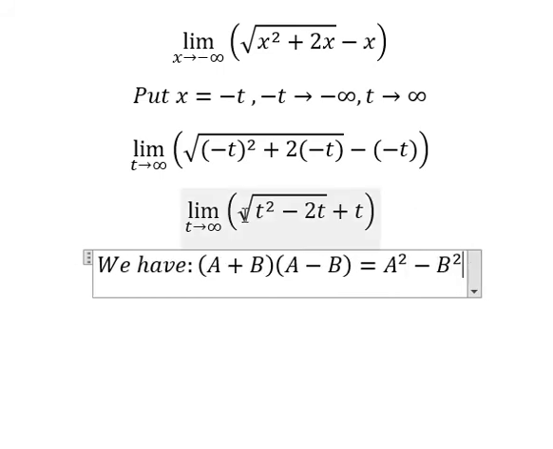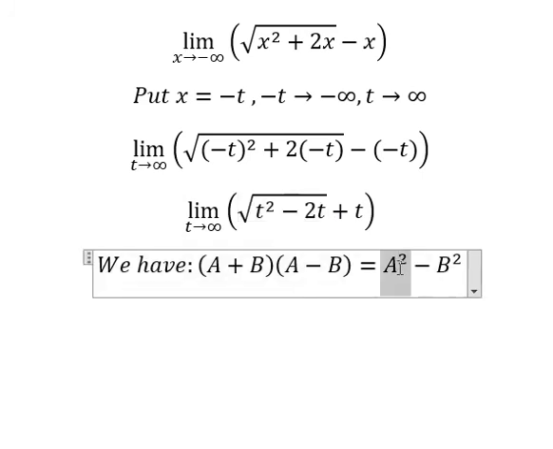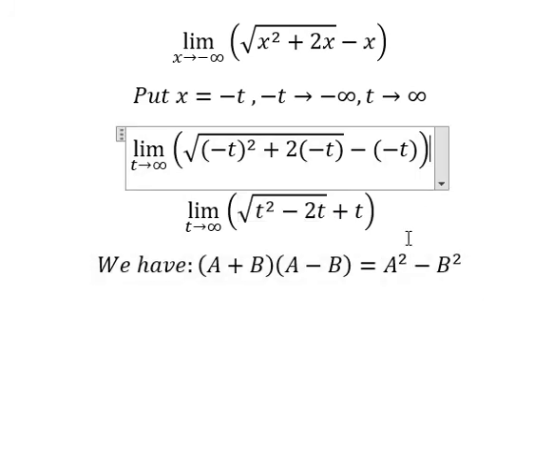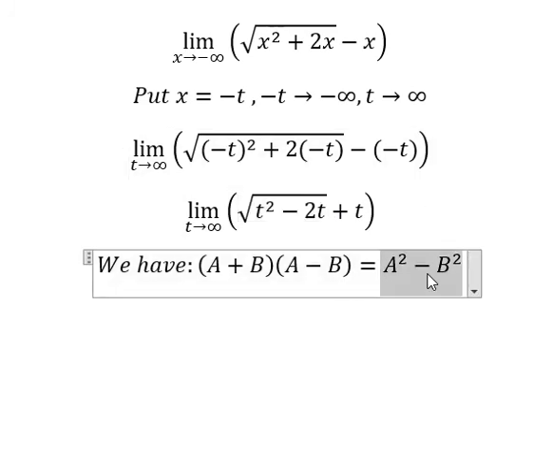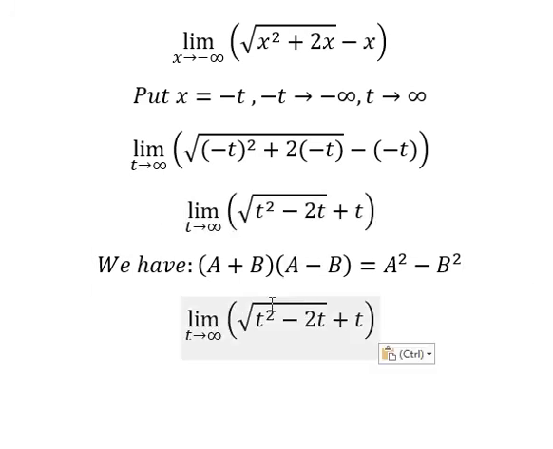Because we want to cancel the square root, so we need to have the power 2 in here. To create this one, we need to multiply by a minus b on numerator and denominator. So they should be like this.